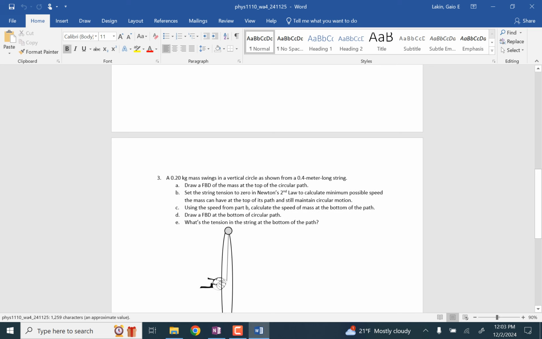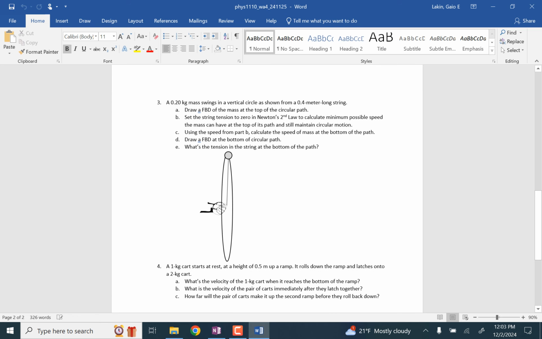Okay, number 3. Okay. So this is overall pretty similar in flow to a couple of examples that I've done. I think if I'm remembering right, maybe one was actually an object attached to a string like this, and then another one was a loop-de-loop.